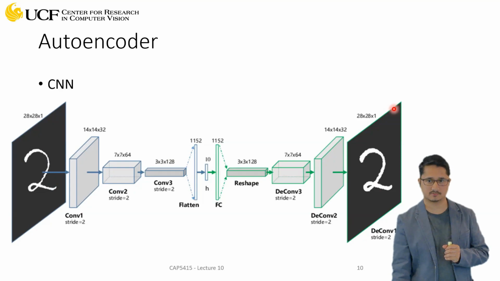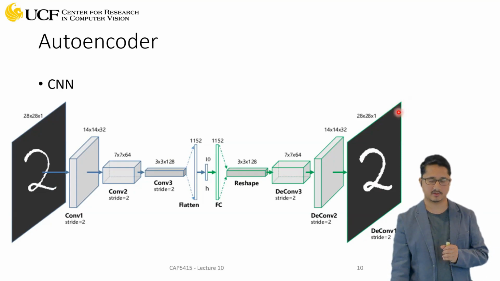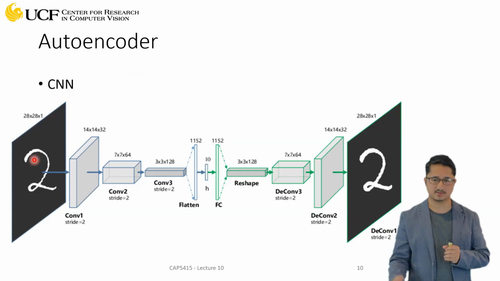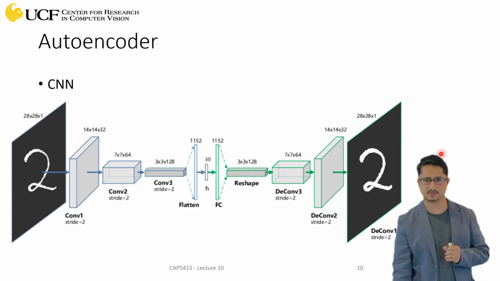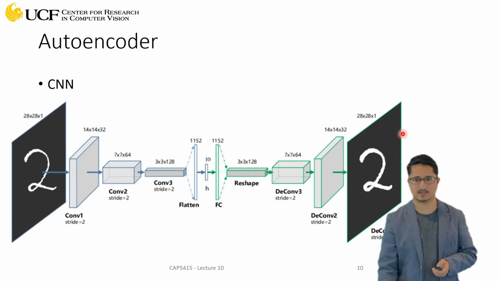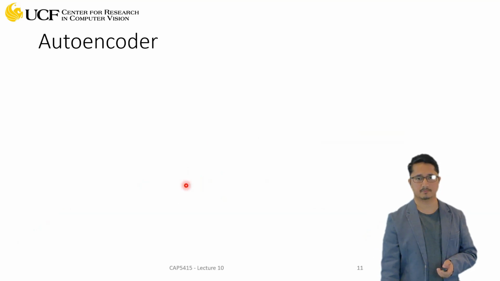The way it works is for each pixel, you subtract what your network has reconstructed from the original image, so it's just x1 minus x2. And you average that over all the pixels, and that could be your L1 loss. You can also compute L2 loss, which is the same as MSE loss. So that's the basic structure of your CNN-based autoencoder.